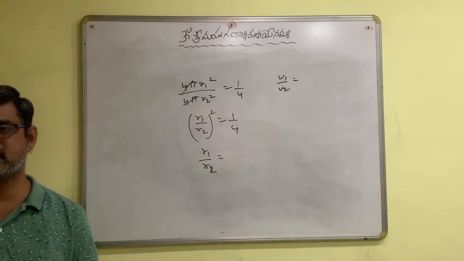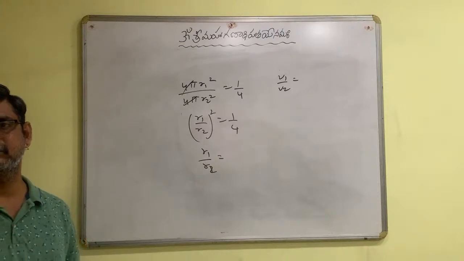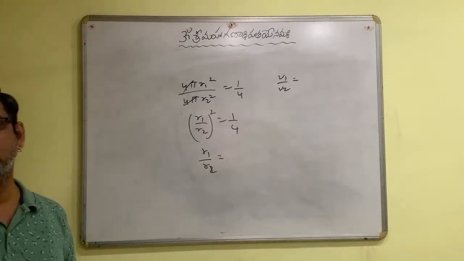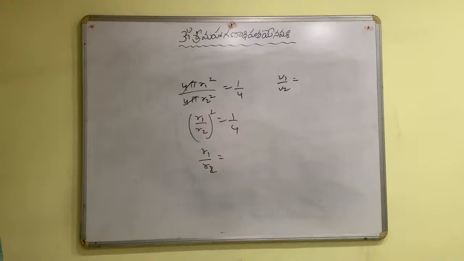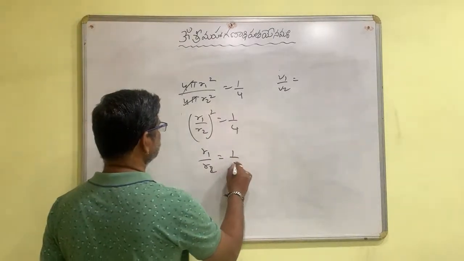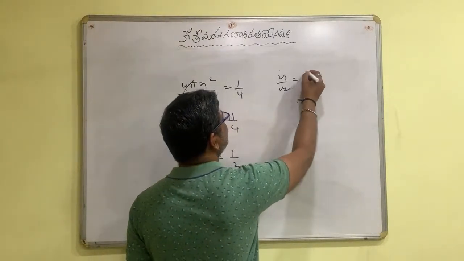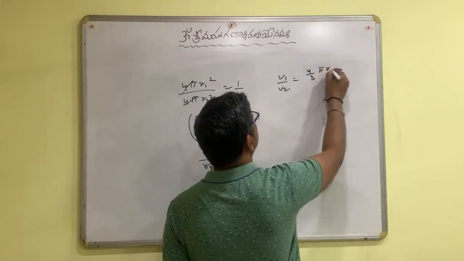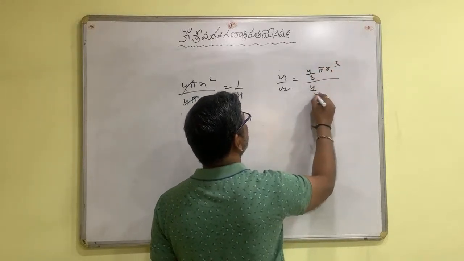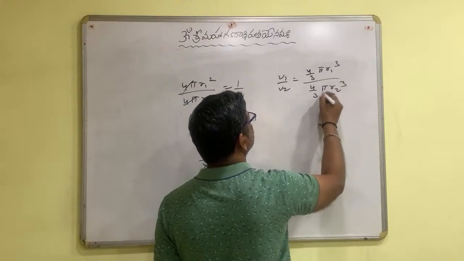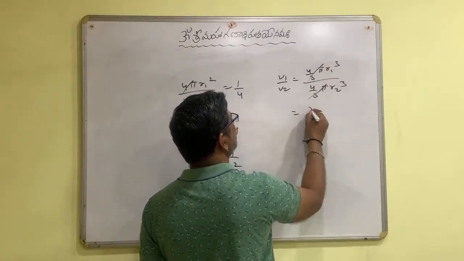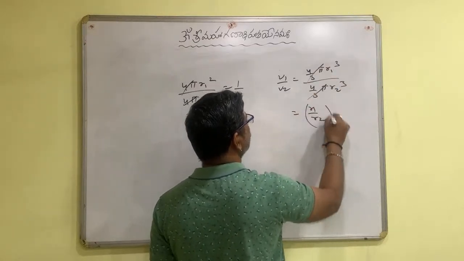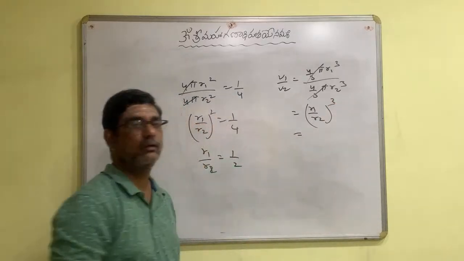R1 by R2 is 1/2, correct. R1 by R2 whole square is 1/4, then R1 by R2 is 1/2. Now the volumes ratio, 4/3 pi R1 cube by 4/3 pi R2 cube. 4/3 pi gets cancelled.